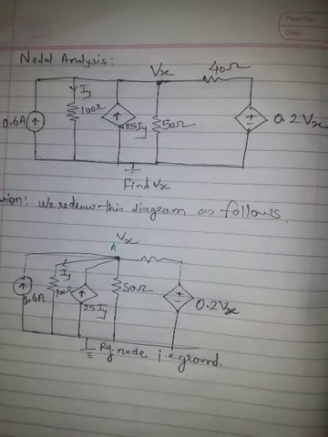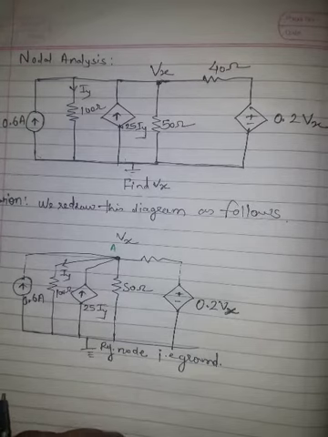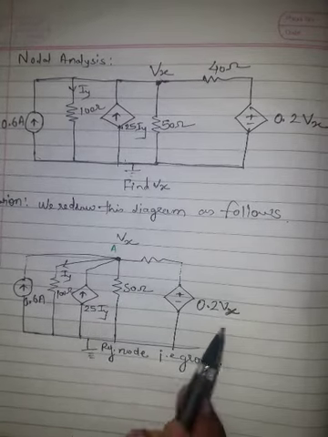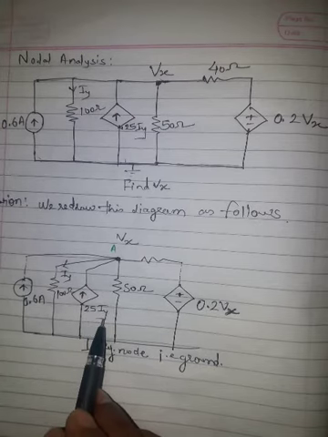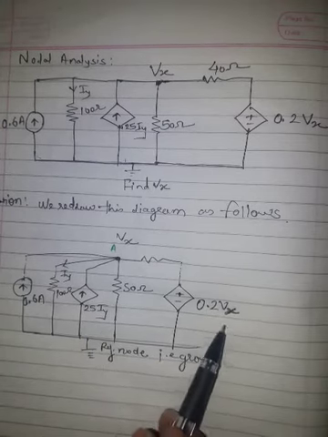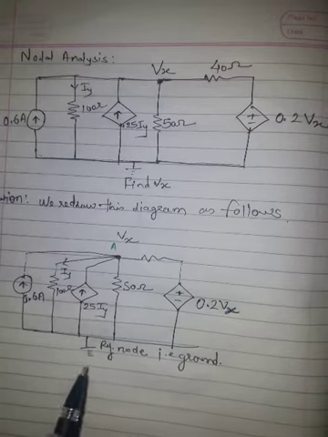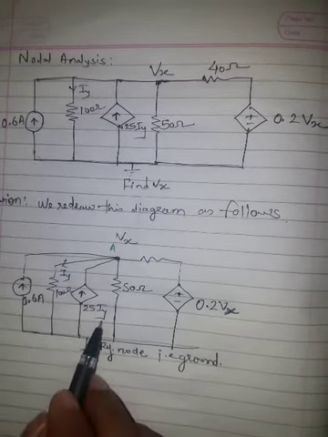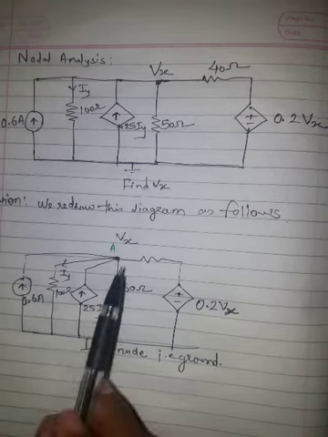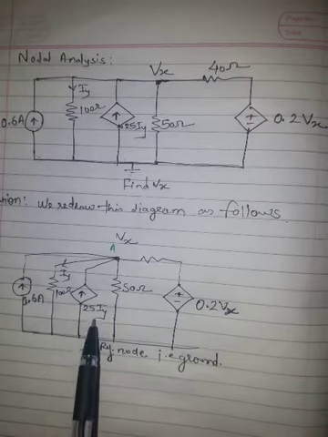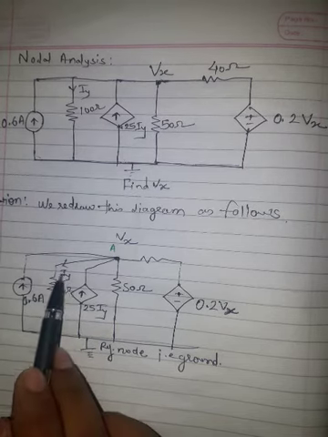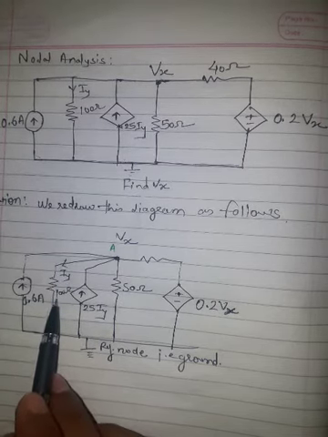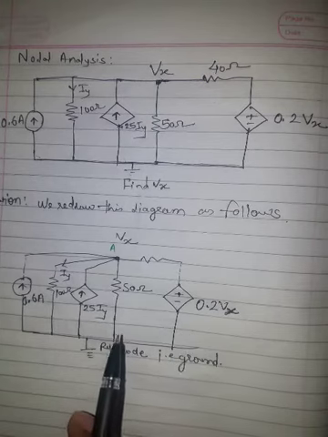Now our first step is observation. Since there are two independent sources, 25 Iy and 0.2 Vx, first we have to write the value of Iy in terms of voltages. Iy is shown here, which is the current flowing through the 100 ohm.